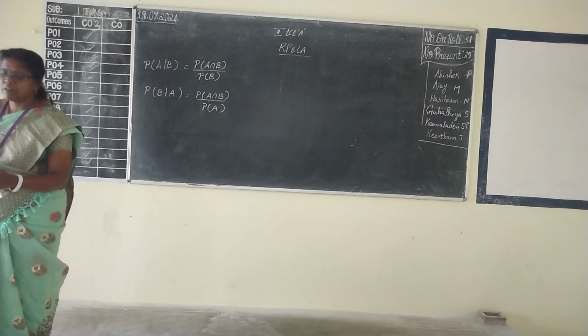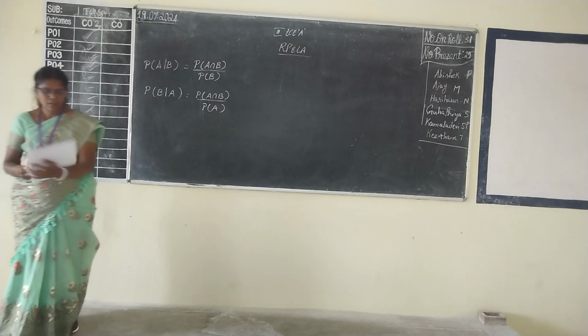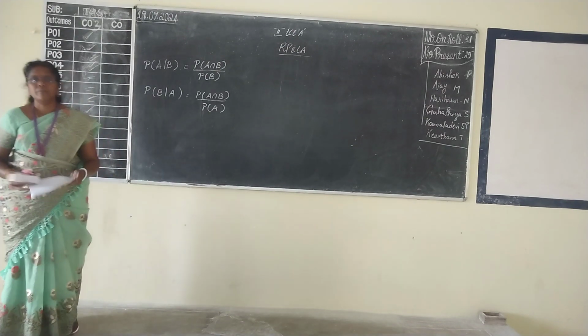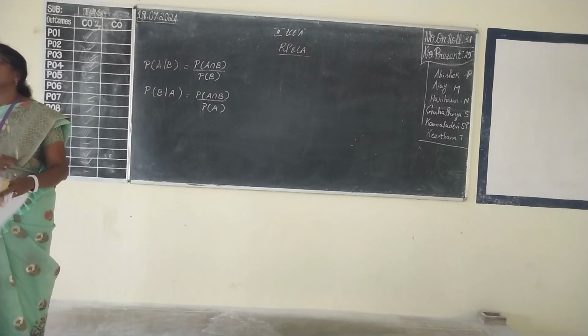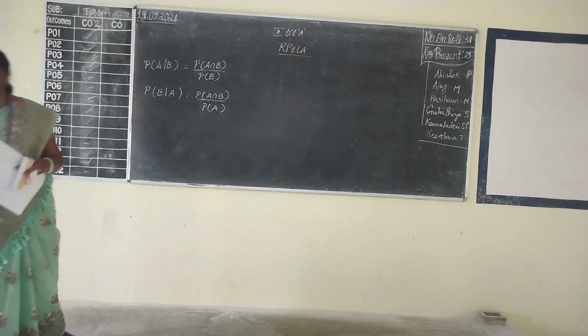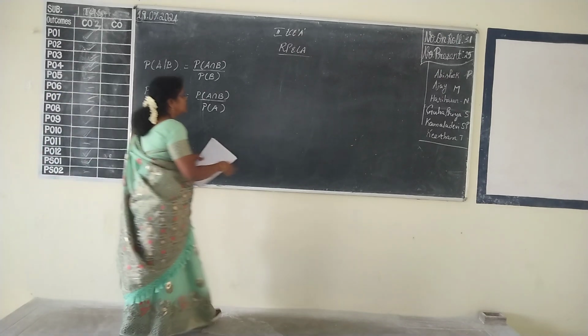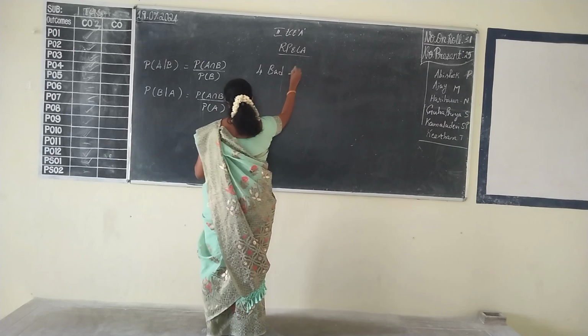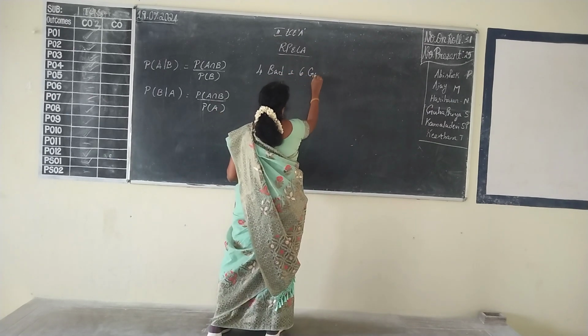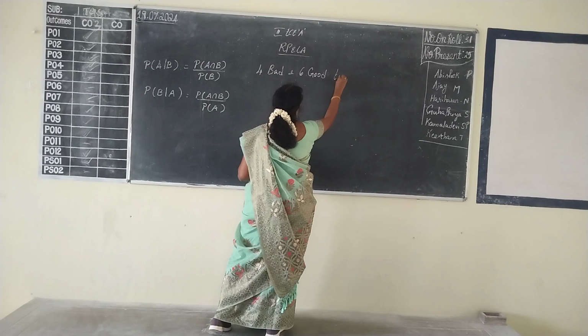So start with the problems. First one. A box contains 4 bad and 6 good tubes.